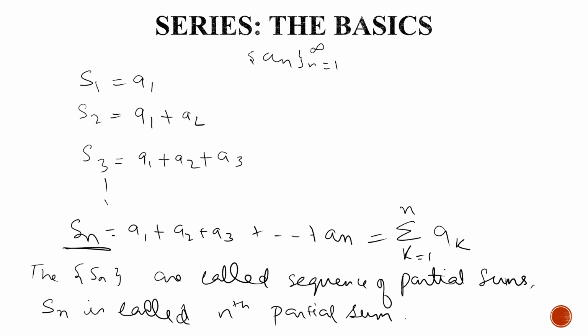Now I'll tell you how this is related to the definition of series. I hope this is clear, that you have a sequence an and then you are defining Sn like this.